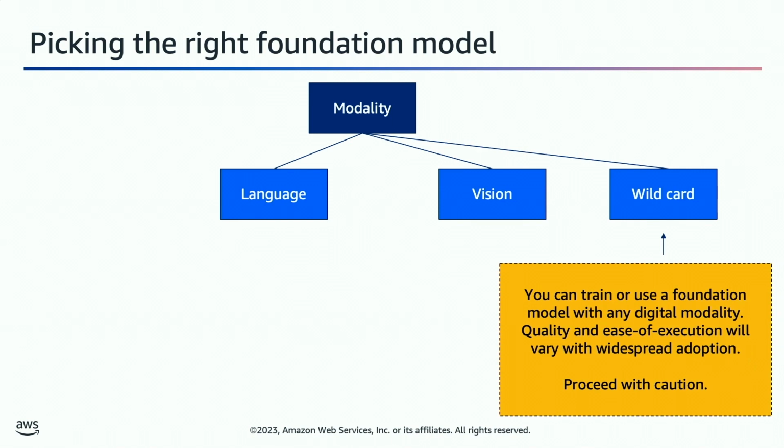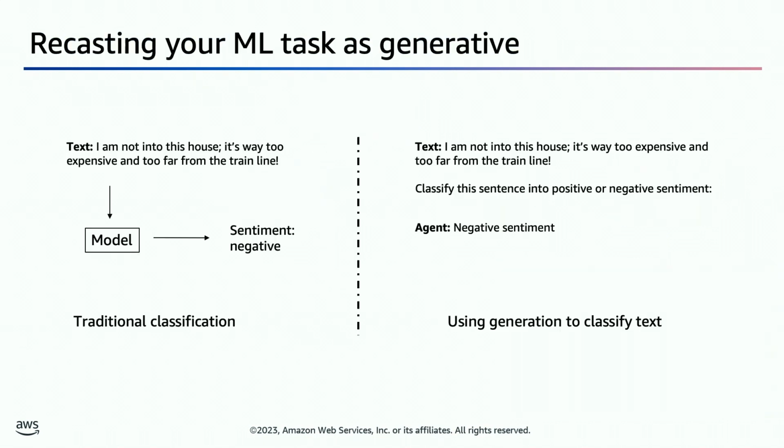So language models and vision models are so good today because of years of really hard and dedicated R&D to make them awesome. And so for any other arbitrary modalities, definitely you can try it, but it might be hard unless and until it's been a little bit more widely adopted.